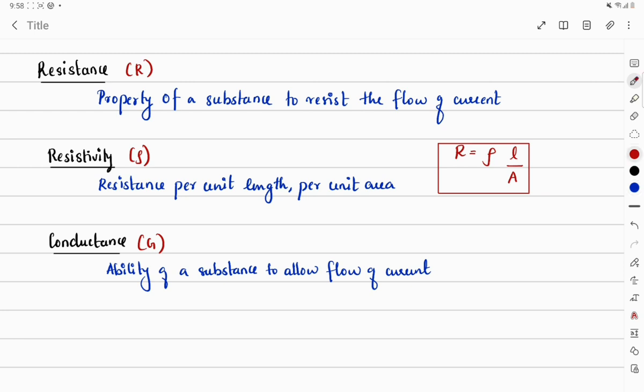And as I told, this is the reciprocal of R. So G can be written as 1 by R.